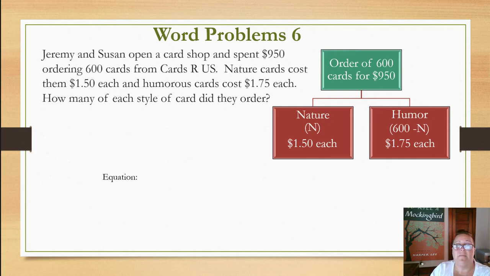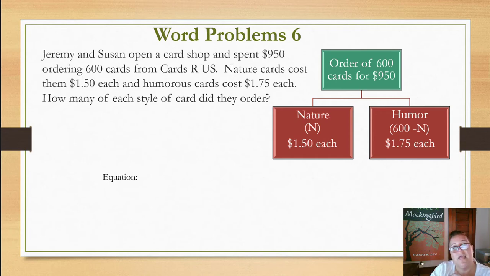Now, if I multiply that $1.50 by N, the number of nature cards, I will have the amount that they spent on nature cards. If I multiply 1.75 by the 600 minus N, I will have the amount of money they spent on humor cards.